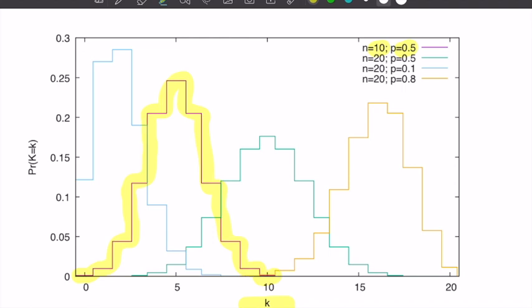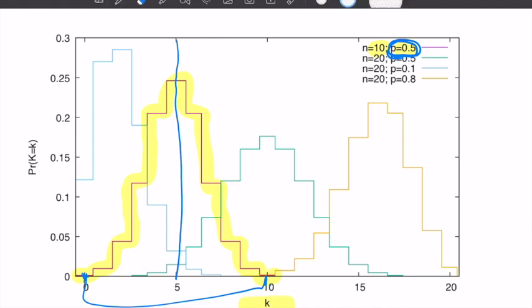If you look carefully, this looks symmetric around 5. So this probability is equal to this probability. So k equal to 0 and k equal to 10 have the same probability, because in each flip we have the equal probability of getting a head or getting a tail. And the maximum probability is obtained when k is equal to 5.